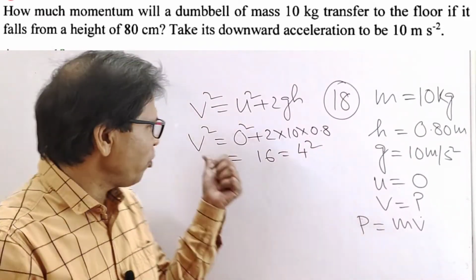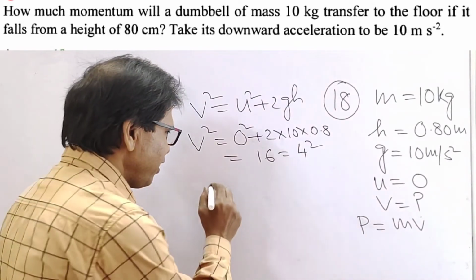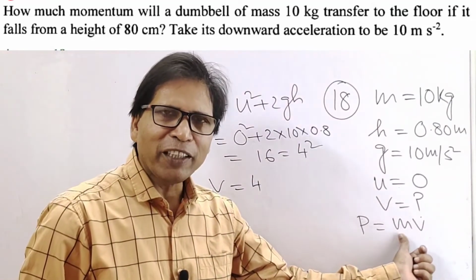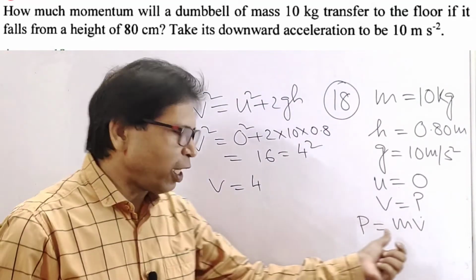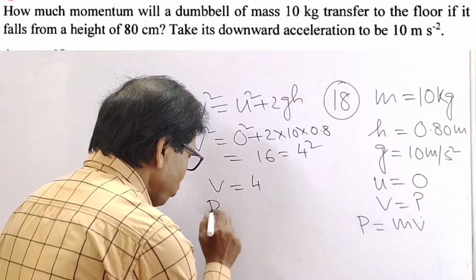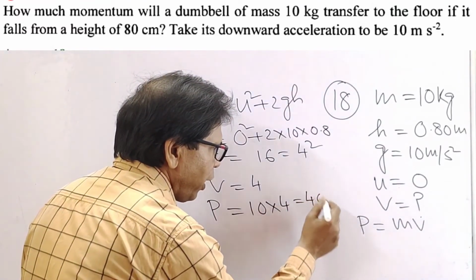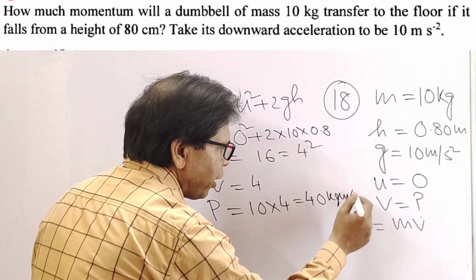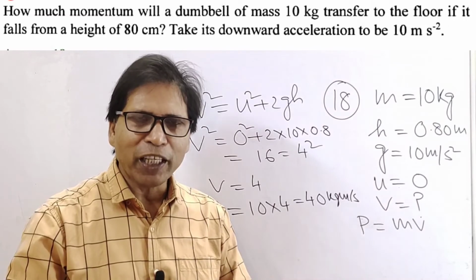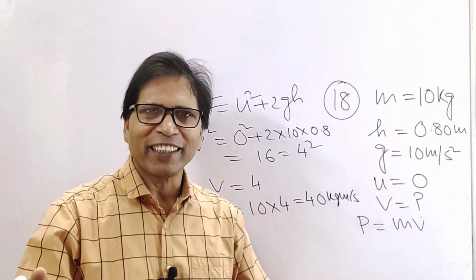Now V square equal to 4 square, therefore V equal to 4. Okay. Now momentum is mass into velocity. So momentum just before impact on the ground, P is equal to mass into velocity, which is 40 kg meter per second. Now this momentum is transferred to the ground. So momentum transferred to the ground is equal to 40 kg meter per second.